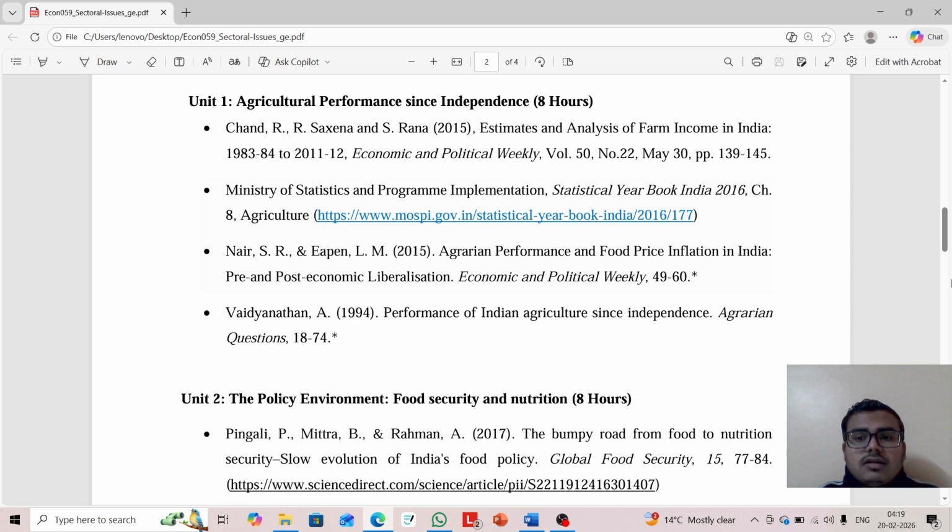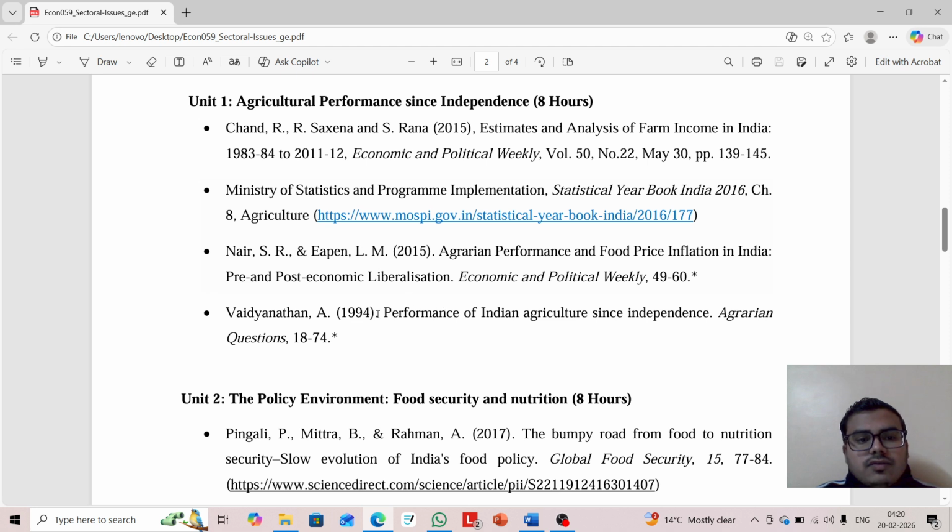And after that, we have some suggested readings for this Unit 1 also on agriculture performance since independence. One is by NIRS Epan 2015 on agri performance and food price inflation in India, pre and post economic liberalization.